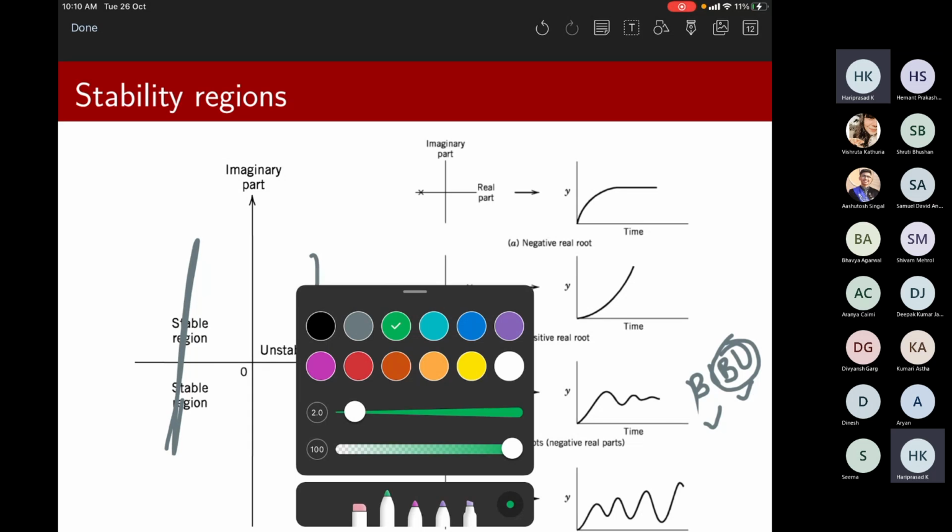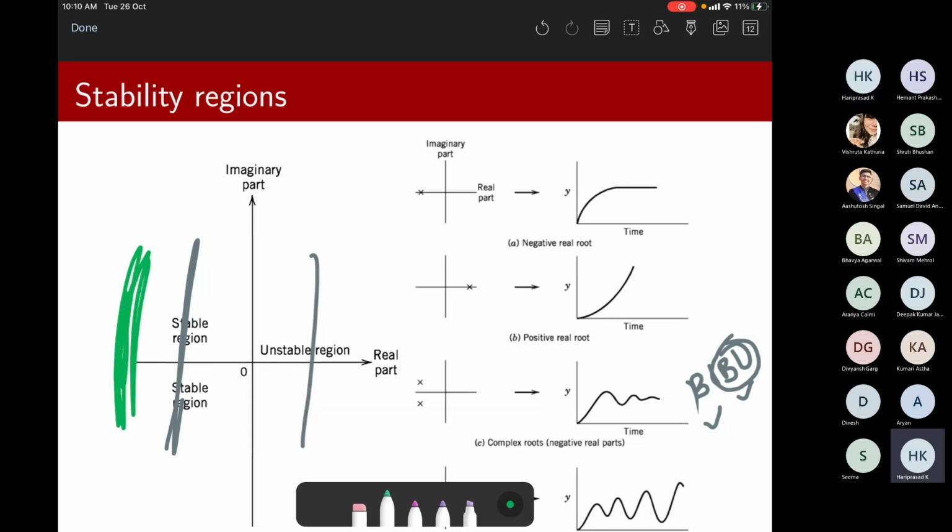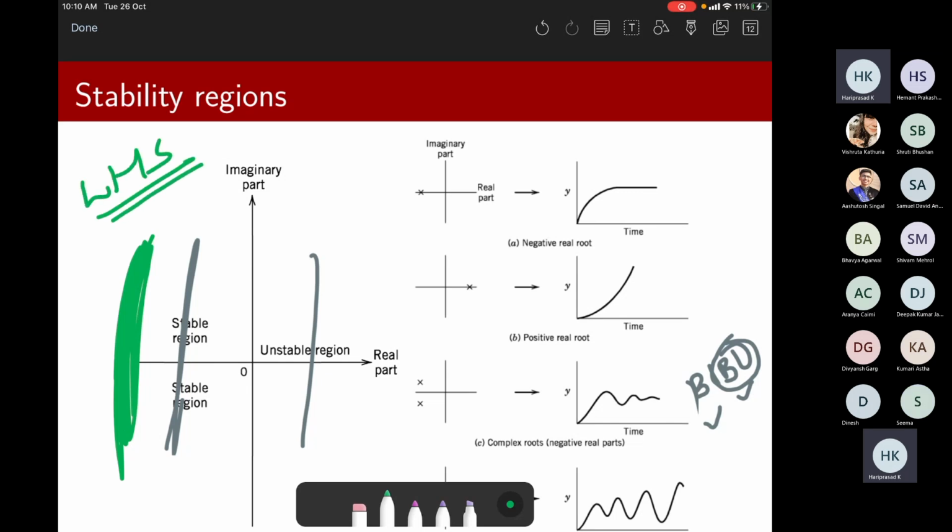Yes, this is what we call the good area, which is the left hand side. There are various connotations; they will call it the LHS of the s-plane, which means lying to the left hand side of the origin.